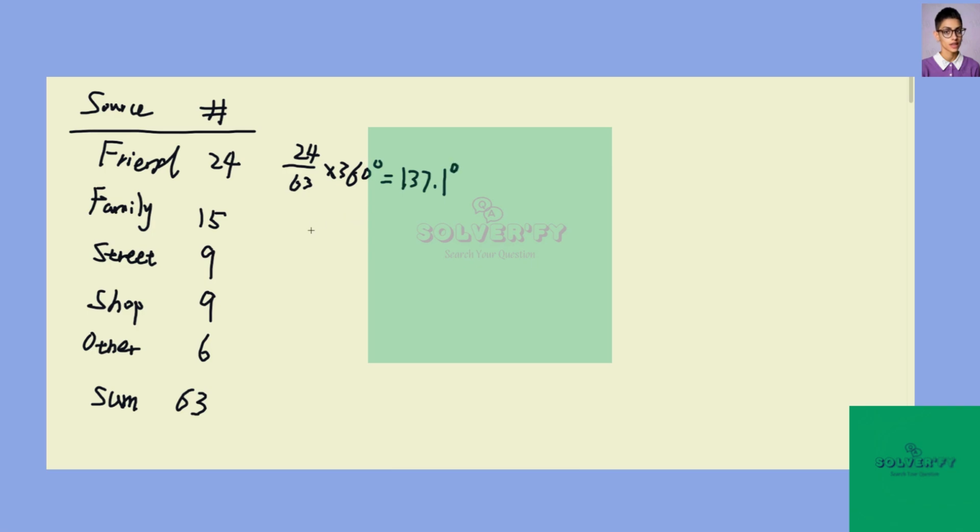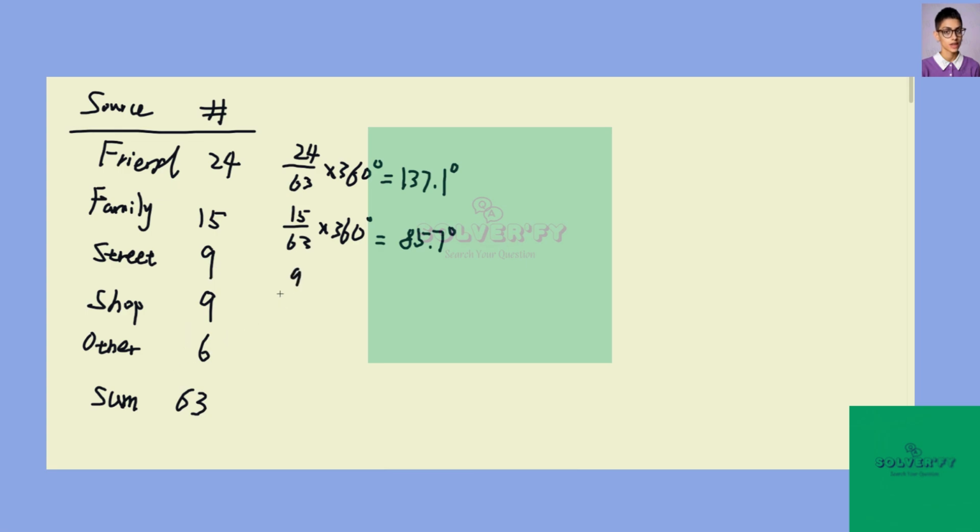It's a degree, right? And for the next one, it is 15 over 63 times 360. It equals 85.7 degrees approximately. And we use the same technique to compute the rest of them.